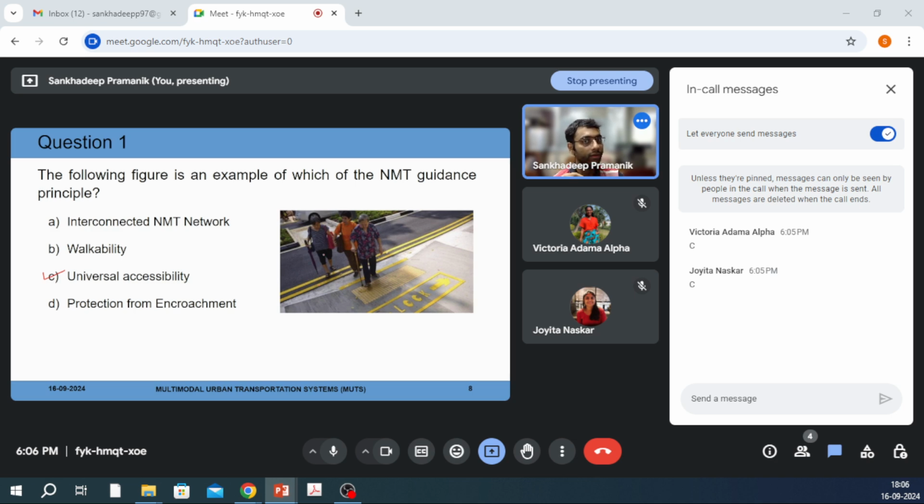In some cases the footpaths are at the level of the road, so that people with wheelchairs can easily enter this path. There are also tactile pavements, which help blind people navigate the footpath. So this is basically a picture of universal accessibility.